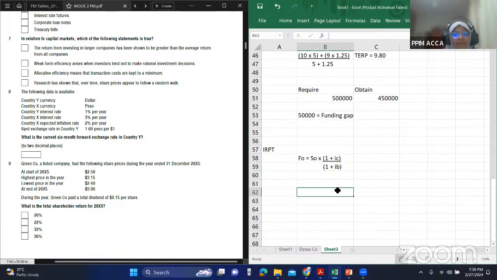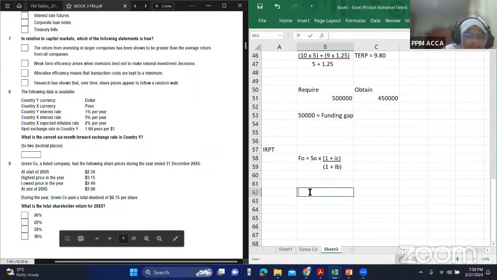Okay. So that is the equation to get the forward rate. They are asking for a 6 months forward rate, so you have to be careful. They're giving annual rates, so you have to convert that to 6 months rates. Okay. So let's do that quickly.